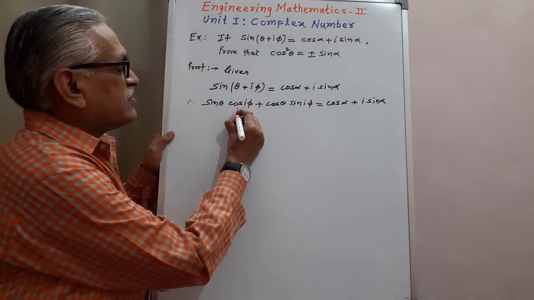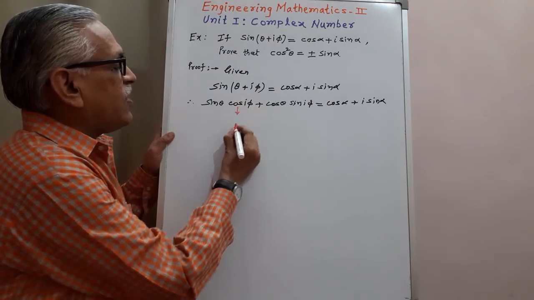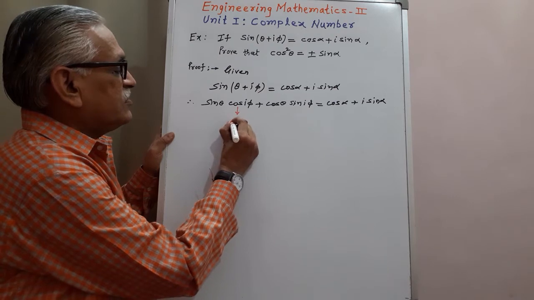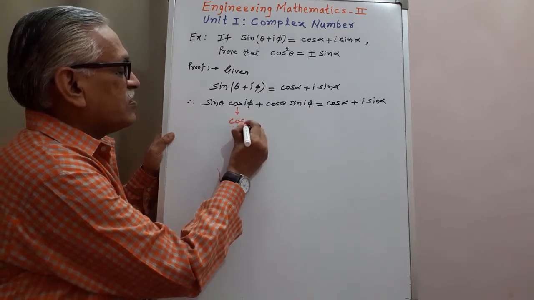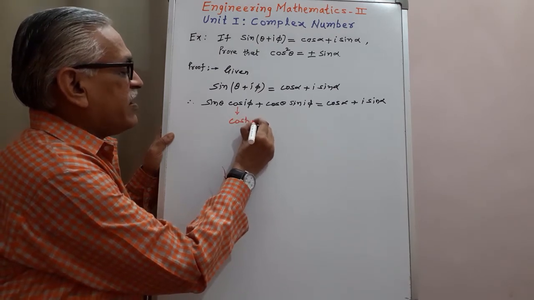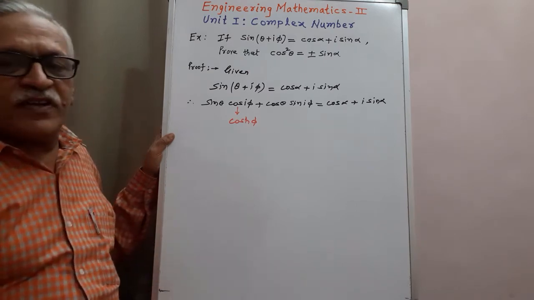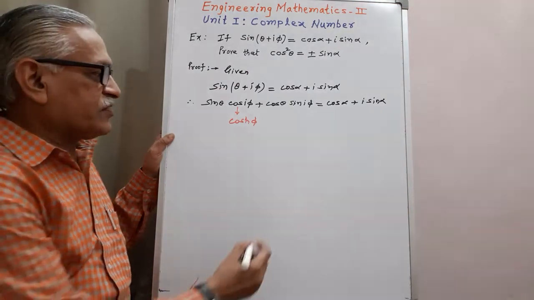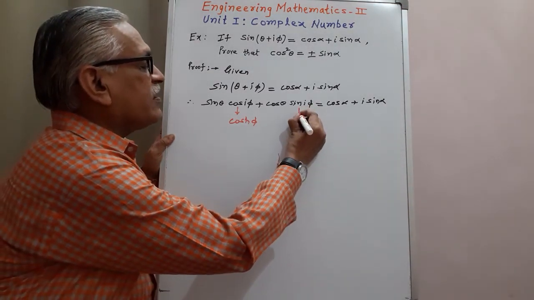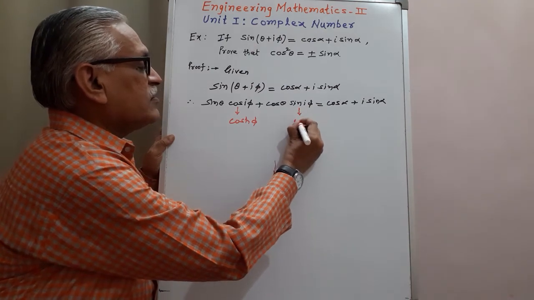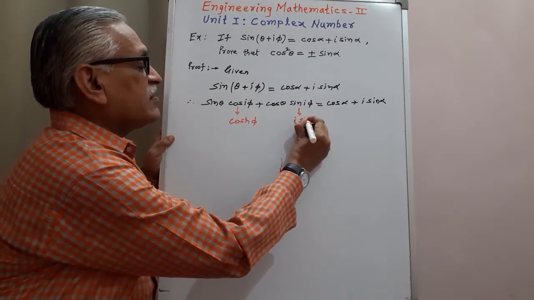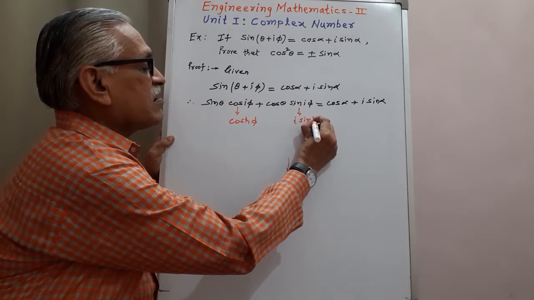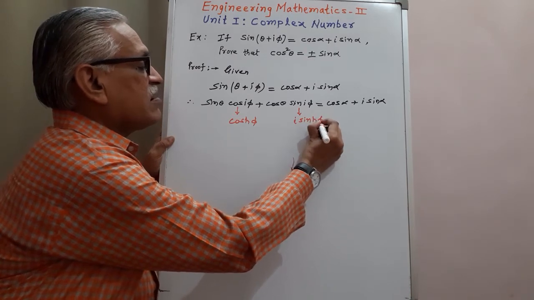We know that cos(iφ) is cosh φ, a relation between circular and hyperbolic functions, and sin(iφ) is i sinh φ.